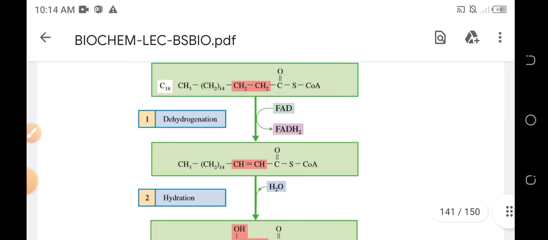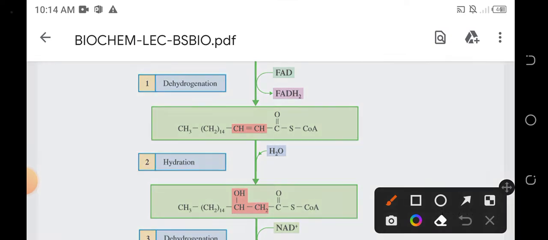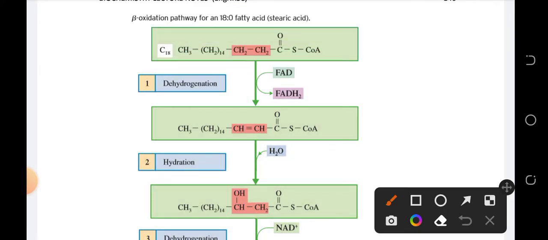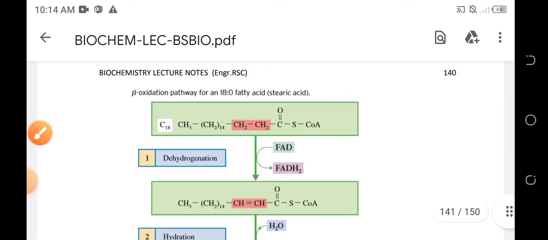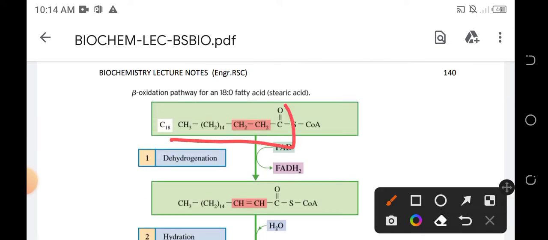Ito yung acyl part. So the site of reaction is the alpha and beta. Remember in your organic chemistry, alpha is the second carbon atom and beta is the third carbon atom.